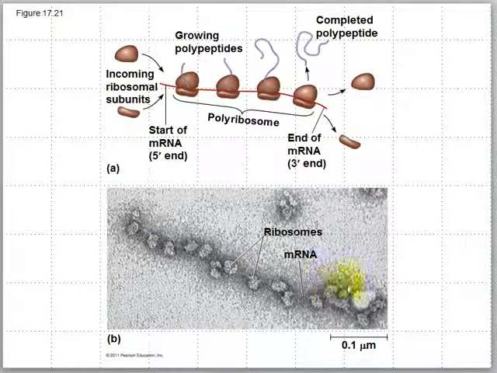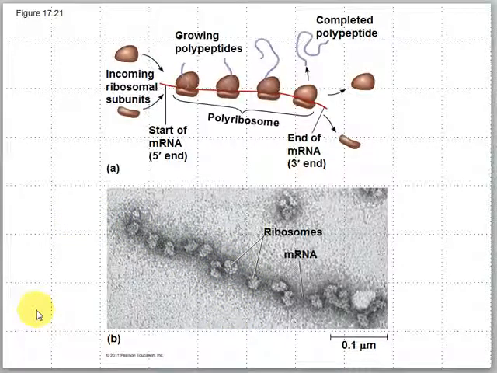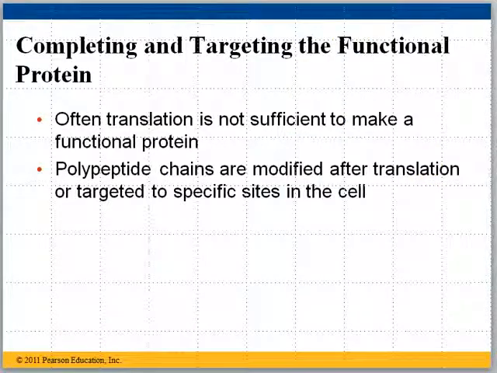And down here we can actually see this. It looks kind of like a chain of beads, and so you see the ribosomes and you see the little strand in between, which represents the messenger RNA. This type of shot was probably done with a transmission electron microscope to get this level of detail on something so small, probably a TEM. Very nice shot here that lines up perfectly with the illustration.